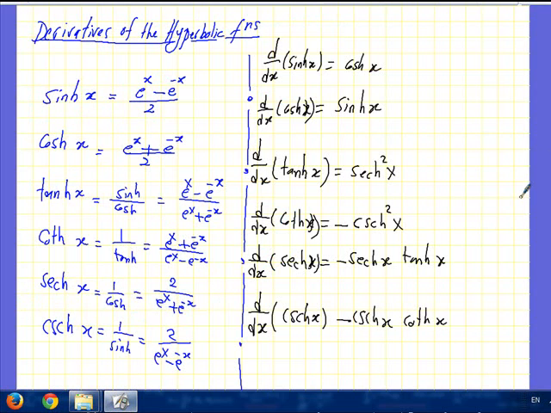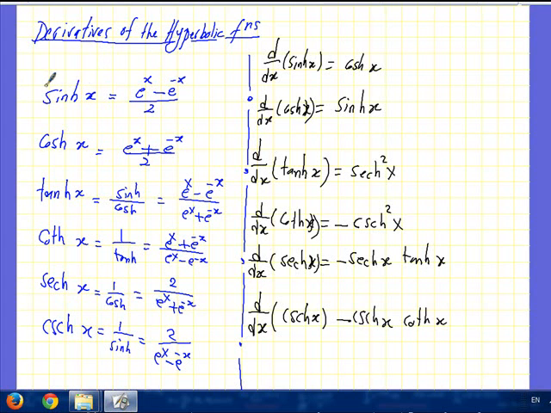Now for the derivative of the hyperbolic function. We know now the trigonometric functions, sine, and the inverse trigonometric functions, sine minus 1.